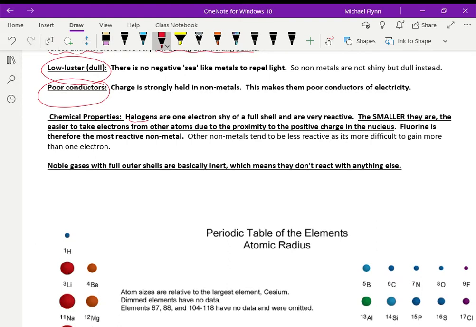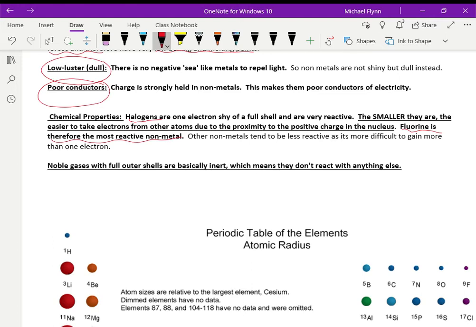Now, the halogens are the group of nonmetals that are extremely reactive. The smaller they are, the easier it is for them to take electrons from other atoms. That's why fluorine is the most reactive of the reactive nonmetals. The other nonmetals tend to be less reactive as it's more difficult to gain more than one electron.